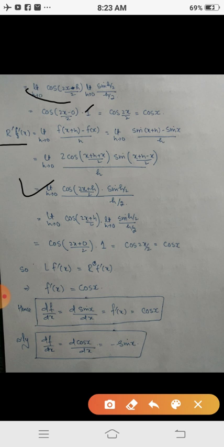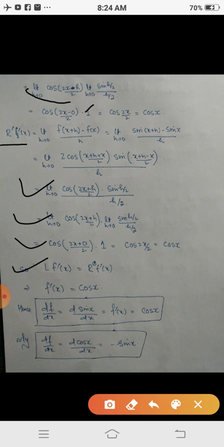Now again using the limit of the product equals the product of the limits, it is limit h tends to 0 cos of (2x plus h) upon 2 into limit h tends to 0 sin h by 2 upon h by 2. Using the standard limit, we simply get twice cos of (2x plus 0) upon 2 into 1, that is 2 cos 2x upon 2, the 2s cancel, and it is simply cos x.